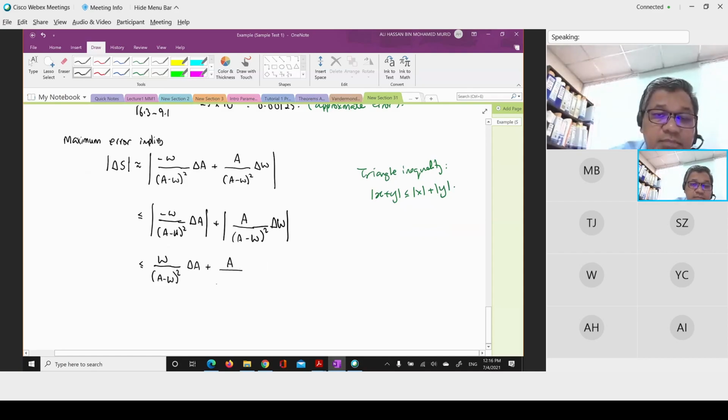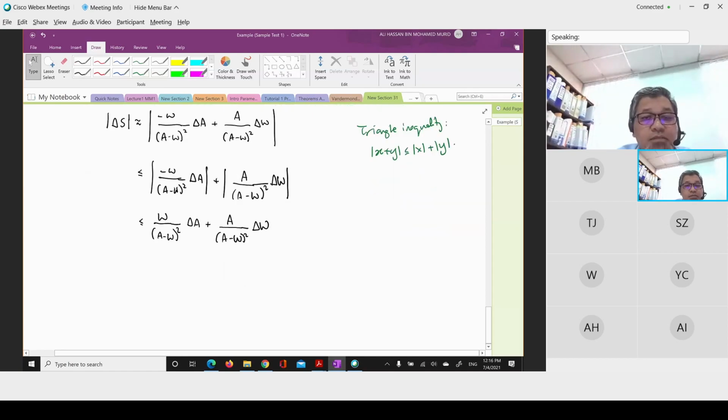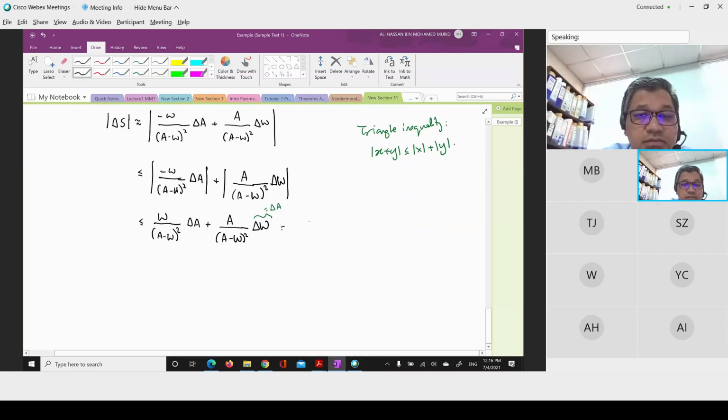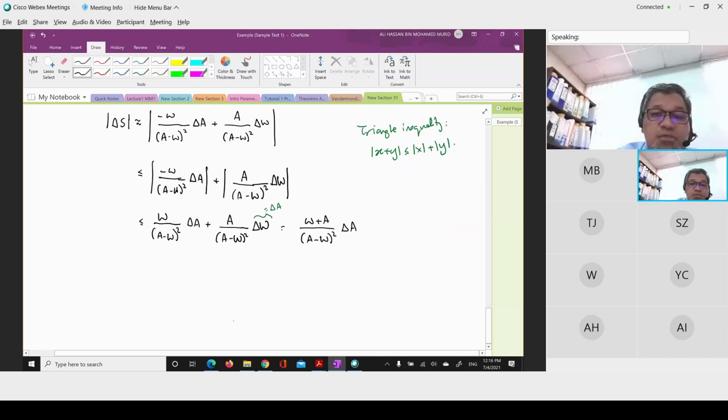And delta A is equal to delta W. So I can factor out delta A. Upstairs we have W plus A, divided by A minus W squared, times delta A. So now we substitute.